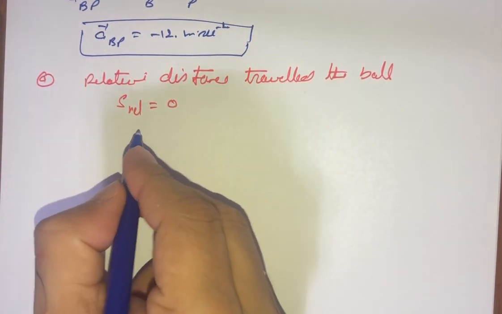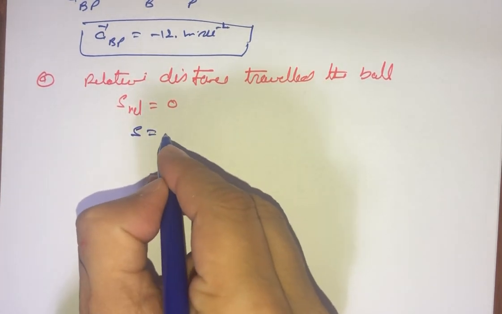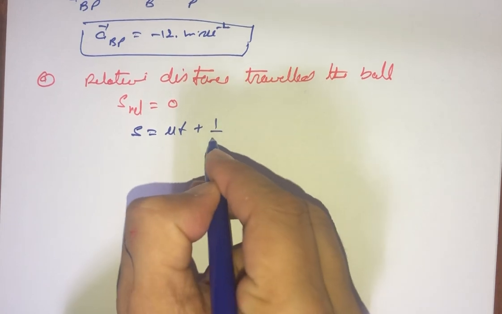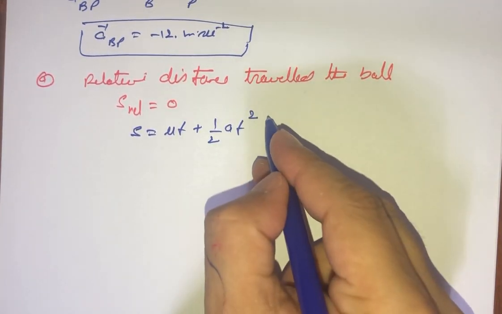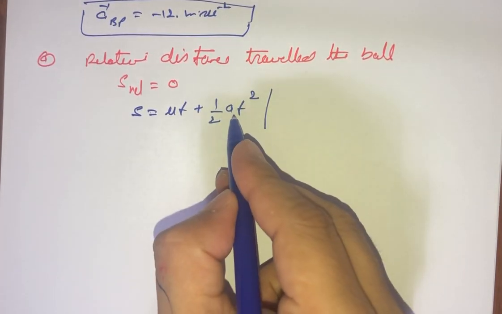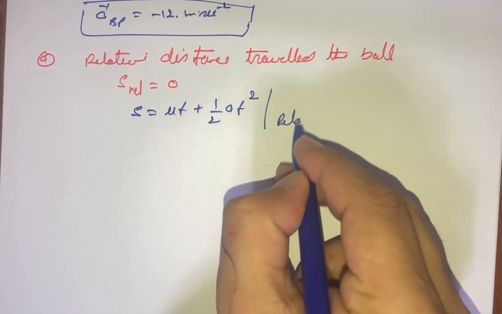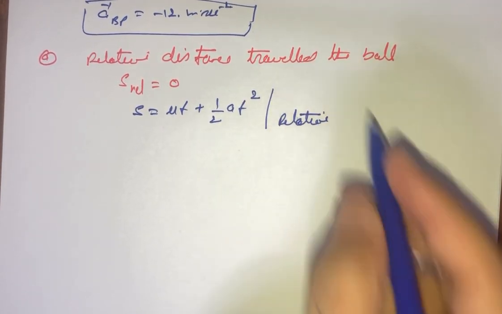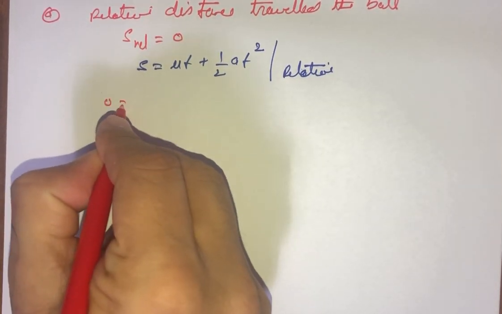We use the formula S is equal to ut plus half at square, and here everything is relative. Velocity is relative, acceleration is relative, and distance is relative. So S relative is equal to 0.